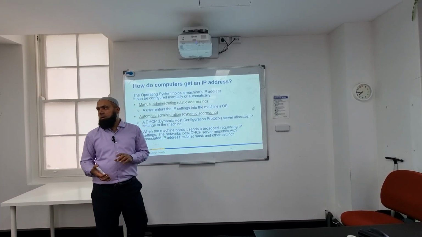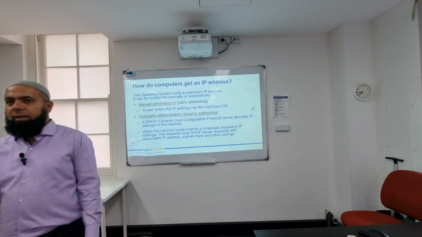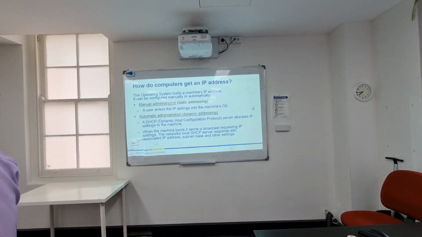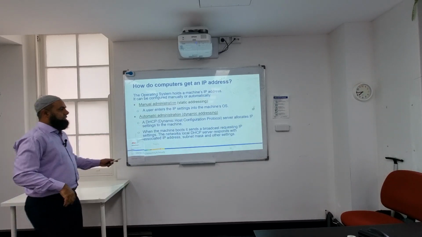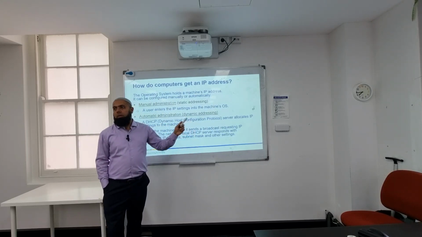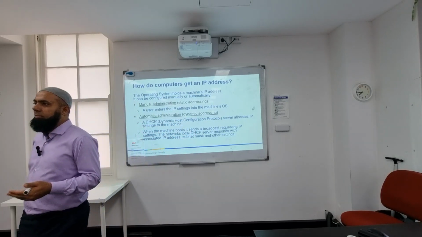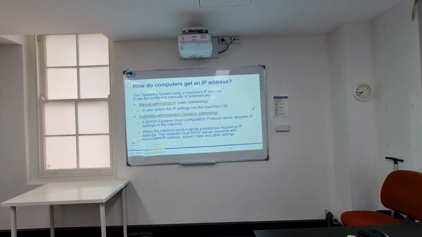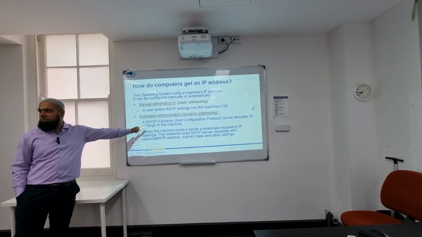Usually on your Wi-Fi network, you right click it, go to properties, and you can find DHCP. That means Dynamic Host Configuration Protocol. It dynamically configures the protocol so that it allocates IP settings to the machine.